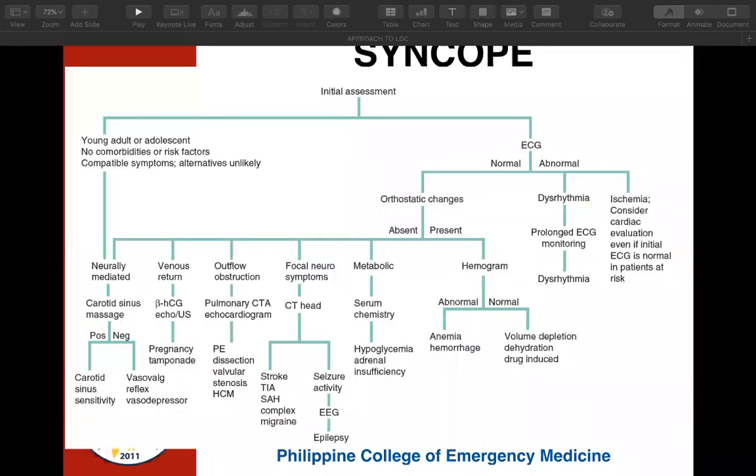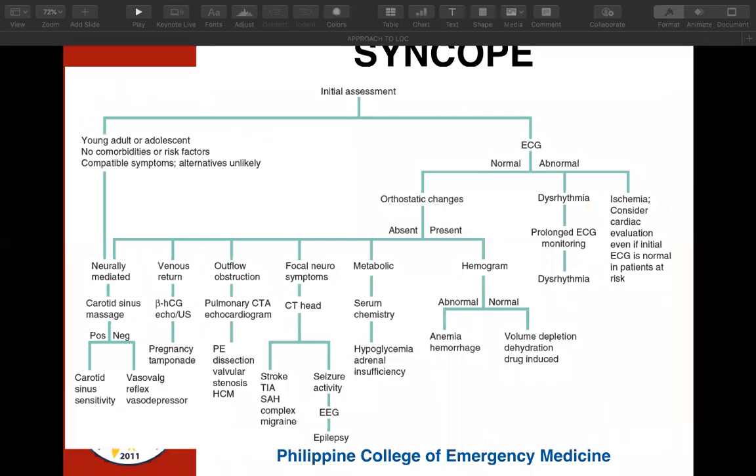Okay, to do that, this is another algorithm on how to determine the cause of the syncopal attack. So initial assessment via your history and physical examination. Then you do a 12-lead ECG. If the ECG is abnormal, you check the ECG.